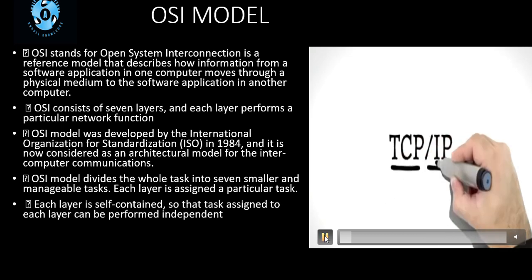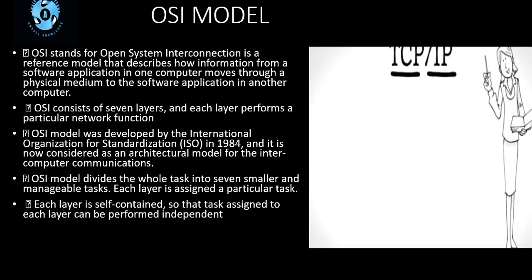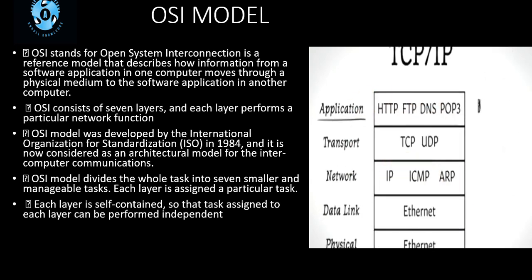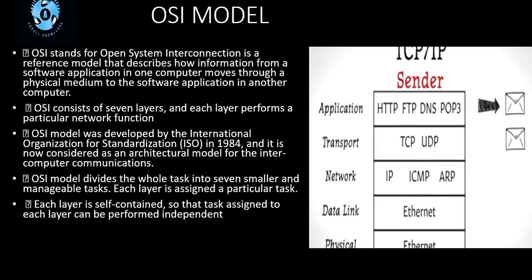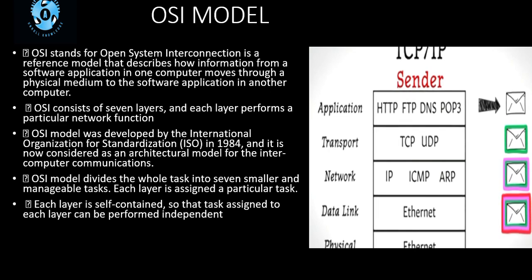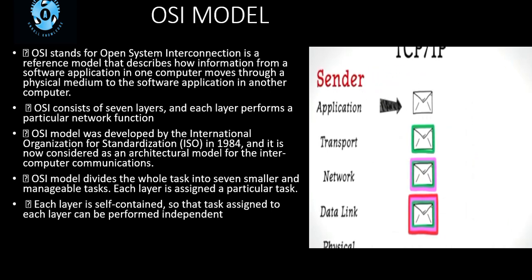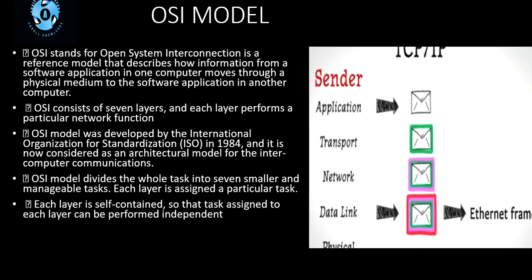If you have any model, it has TCP/IP. First it contains a number of protocols, as we said, and those come under this format, the application layer. It sends information. First it receives, then it transfers from the sender to the receiver. These are the packets that it follows from sender to receiver. As the information moves from application to data link, it is an Ethernet frame.